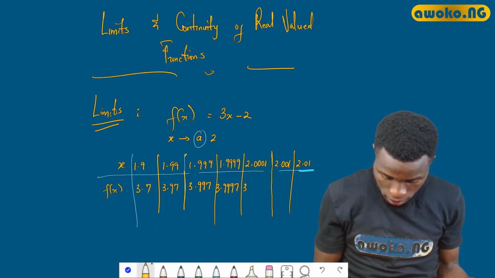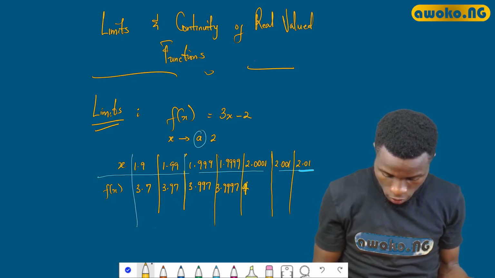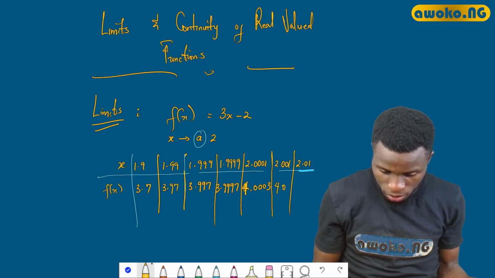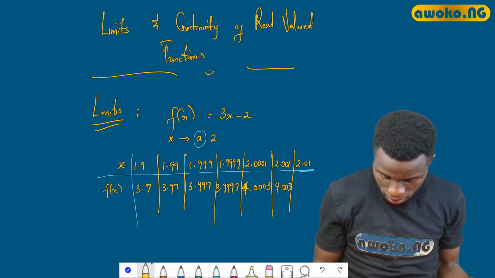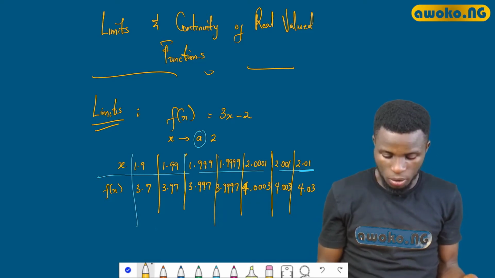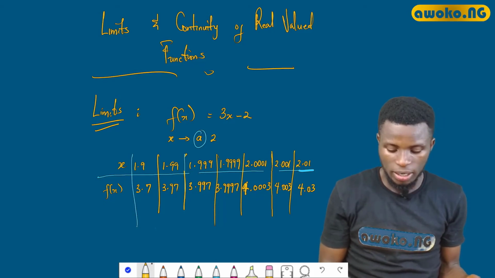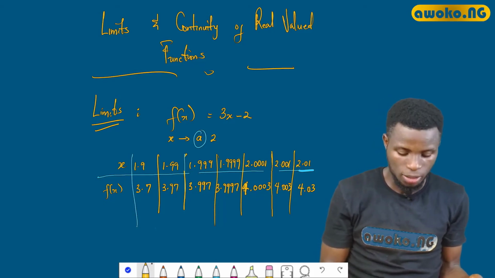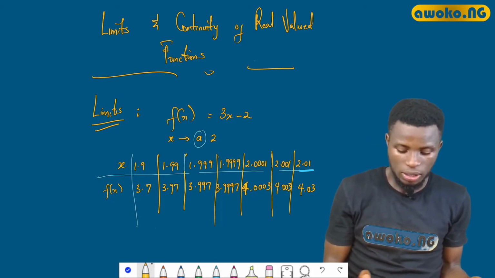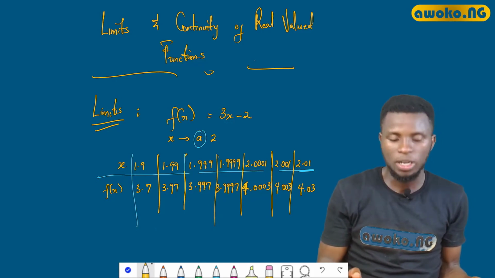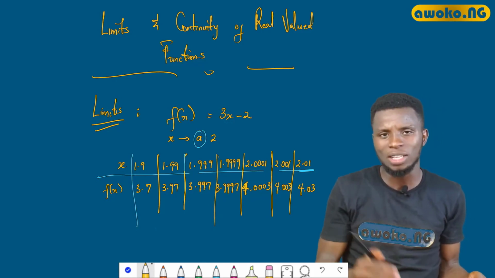We have 4.0003, we have 4.003, we have 4.03. Okay, so we have been able to tabulate our values. Whenever we see x in 3x minus 2, let's put 1.9 there. Whenever we see x in 3x minus 2, we put 1.99, and so on and so forth.